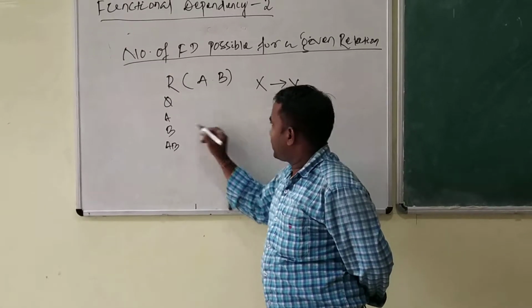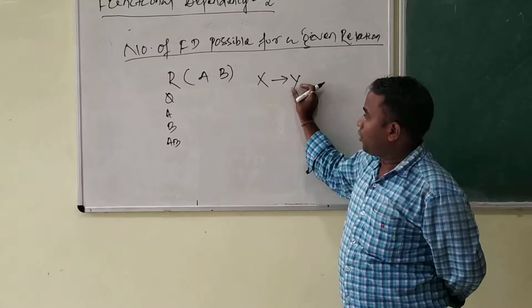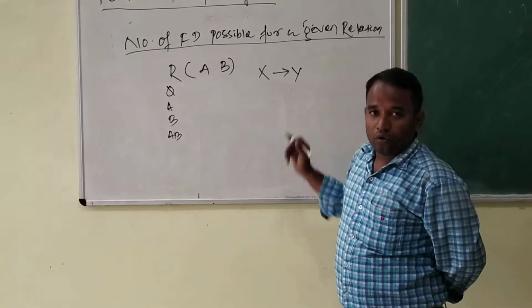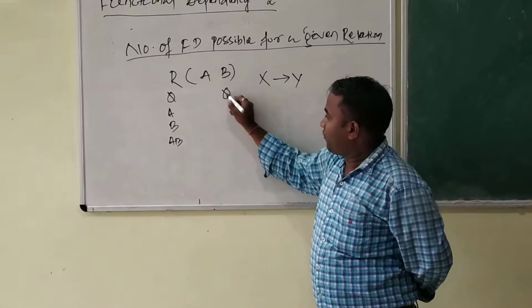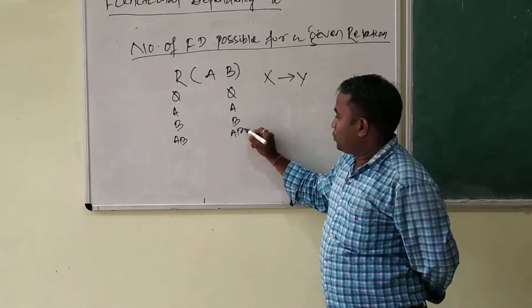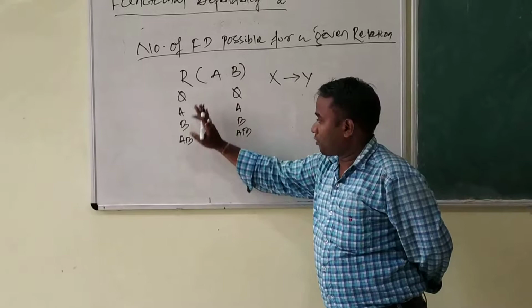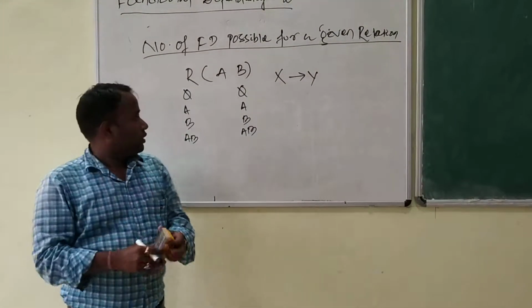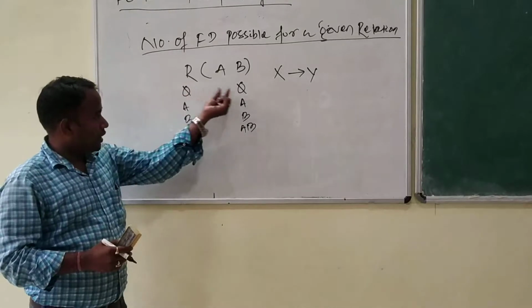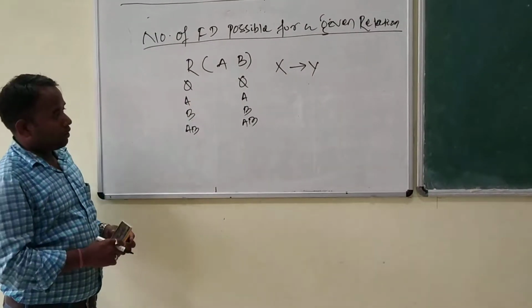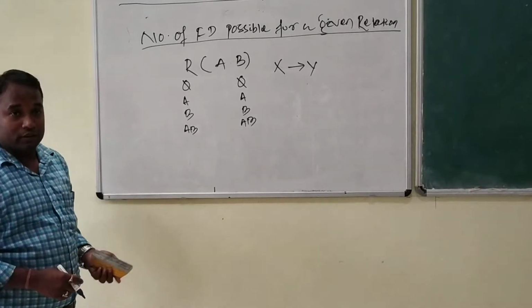Similarly, the right hand side of the functional dependency also has 4 subsets: phi, A, B, AB. If I take the cross product, choosing one from each side, it will form altogether 16 functional dependencies.